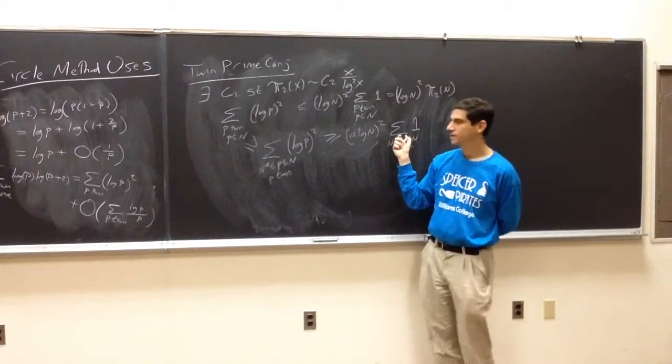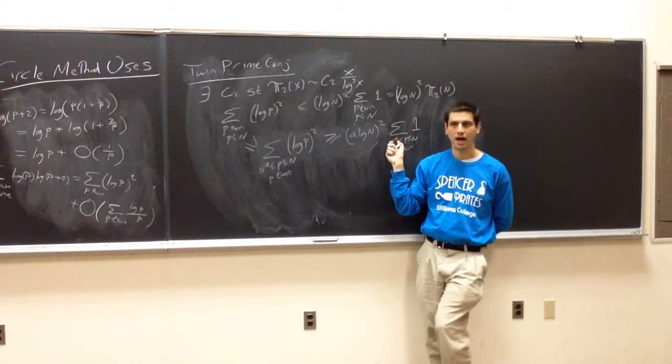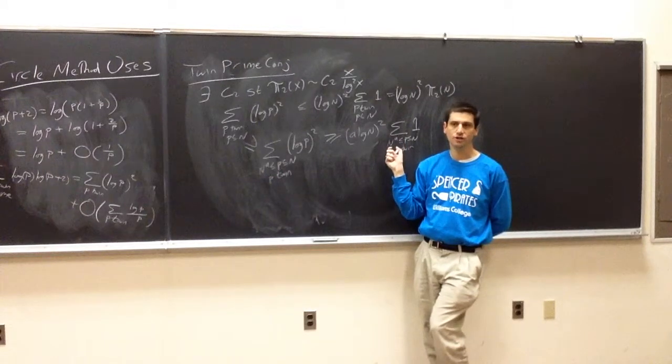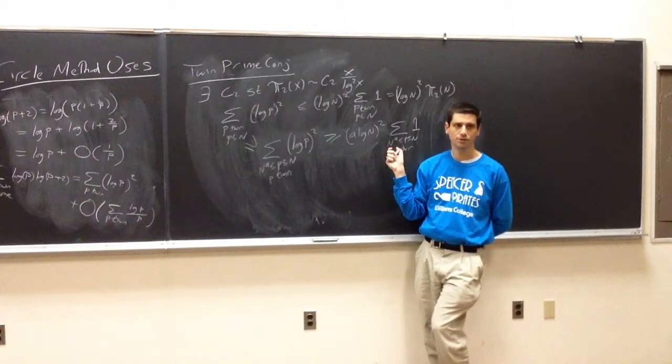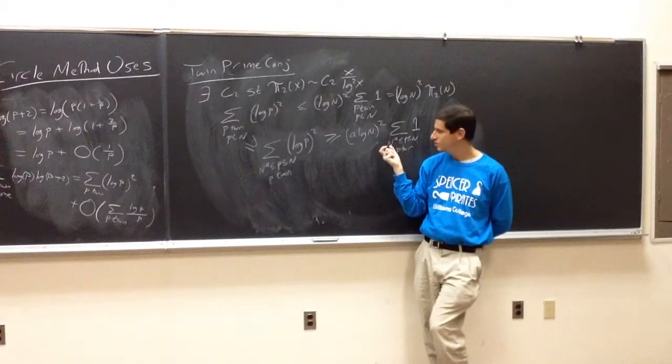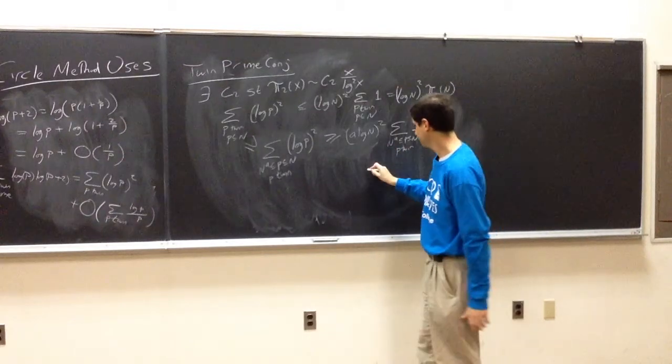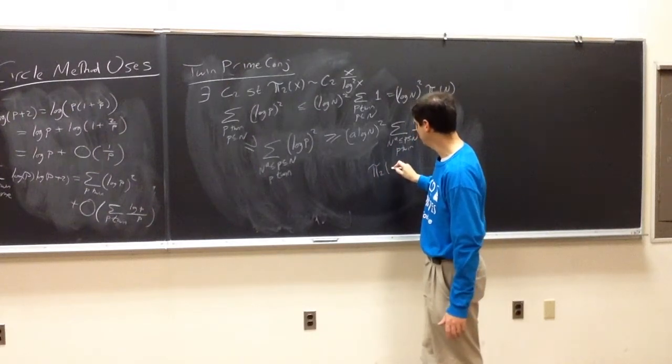So think of a as 3/4. I would expect to have roughly n to the 3/4 over log squared of n to the 3/4. Can you give me a trivial estimate for how many twin primes there are up to n to the 3/4? Trivial estimate. Do not think much.